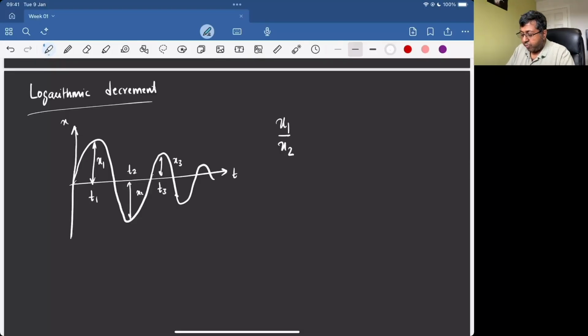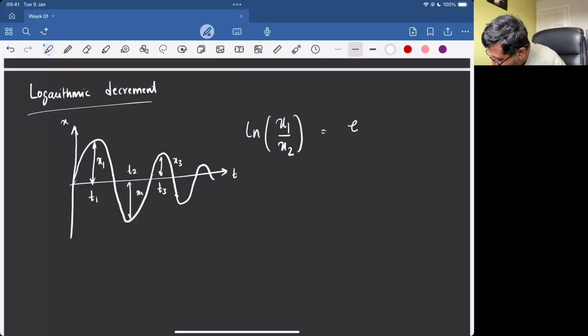Or we were more keen to understand the log of the ratio, and we define this as zeta into omega n into tau d. This is what we call the damped natural frequency, the period of the damped vibration.